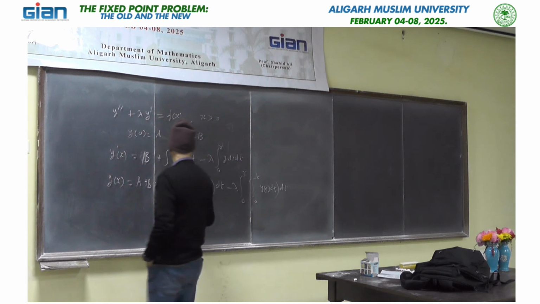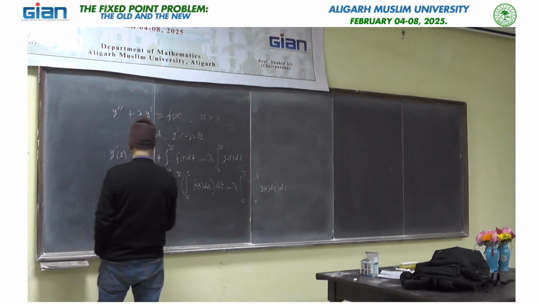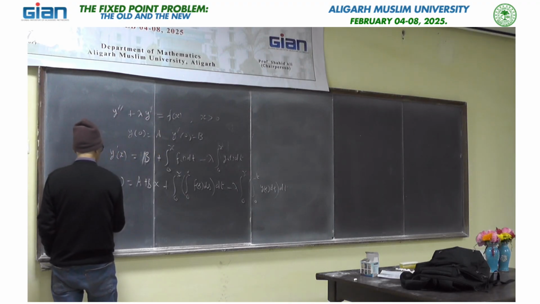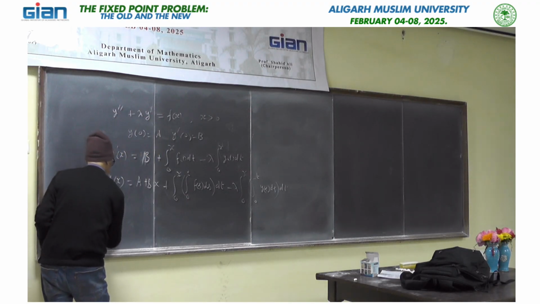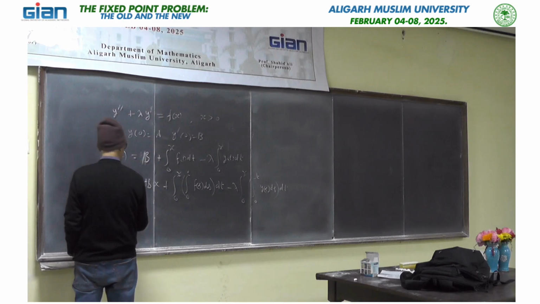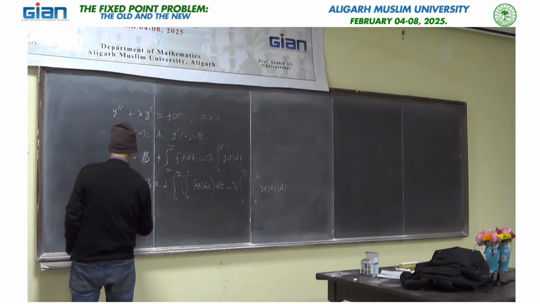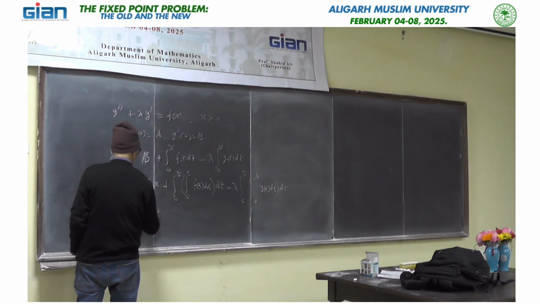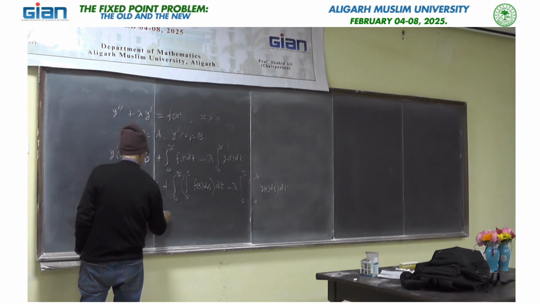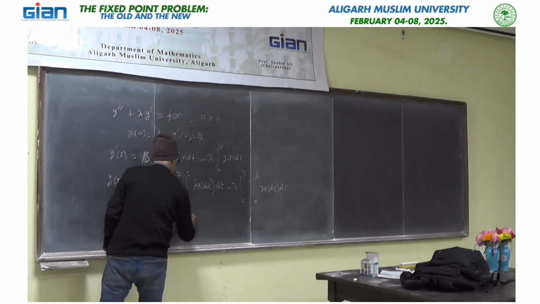Okay. Now to get rid of these double integrals, we use a theorem. In general, what we have is like this: the integral from 0 to x, and then 0 to t, of some function, it may be a function of x also, of t and s, ds and then dt.